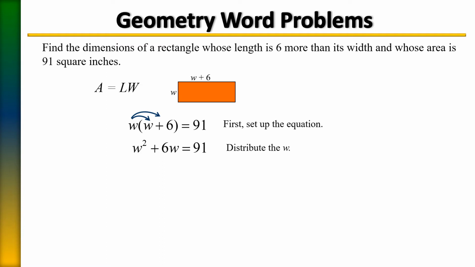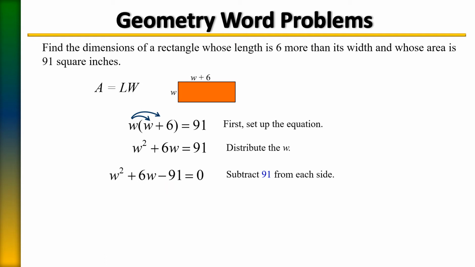Now we want to solve this using the zero factor property, but the problem here is that our equation is not in standard form. We need to get all our numbers to the left and 0 to the right. So to do that, I would need to subtract 91 from each side. Next, I'm going to go ahead and proceed with factoring it. And yes, I know that the back end number is a large number, 91.